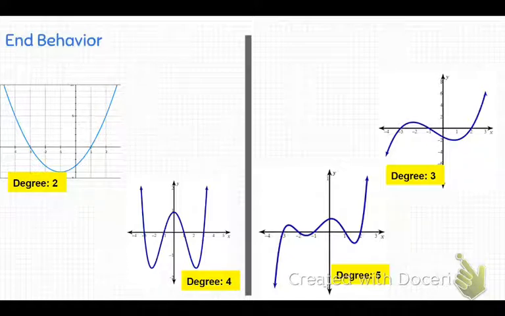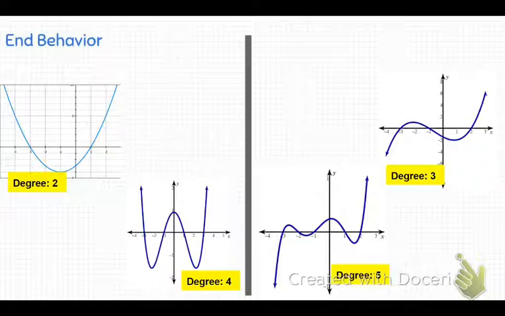Positive does go up either way. But what do you notice about the even ones? You're showing me your arms both up, but what does that mean about their direction? They both go up, which means they're in the same direction, okay?